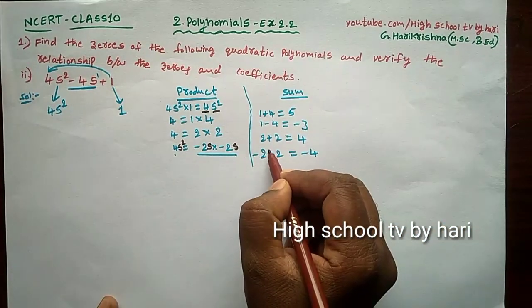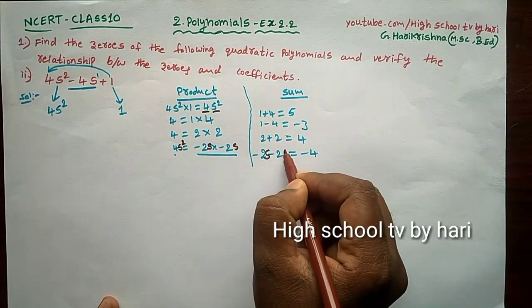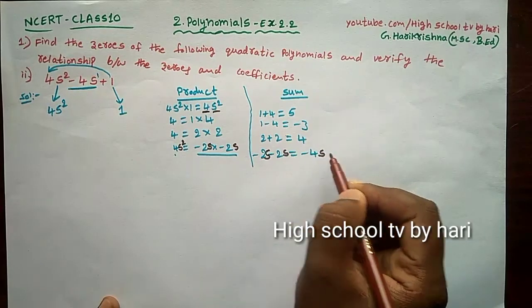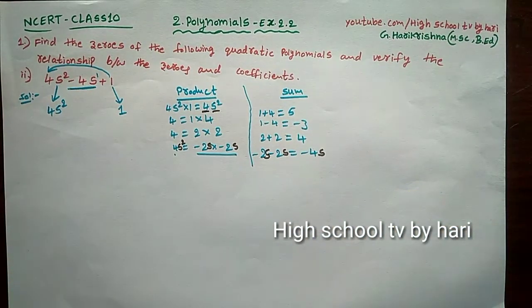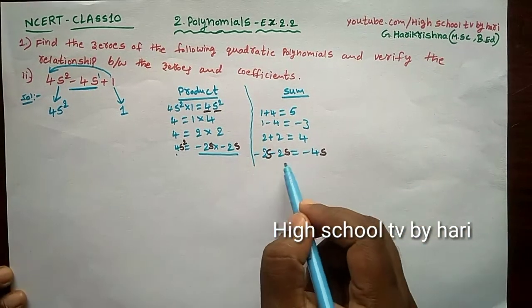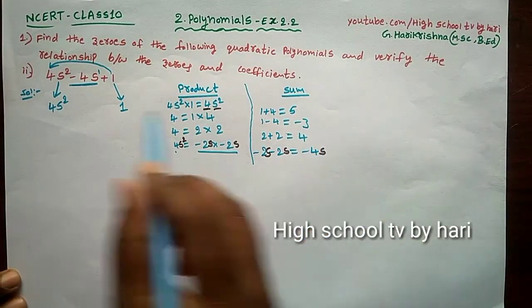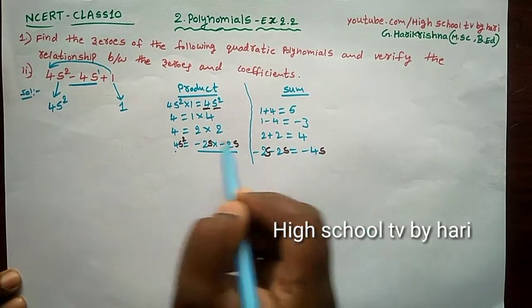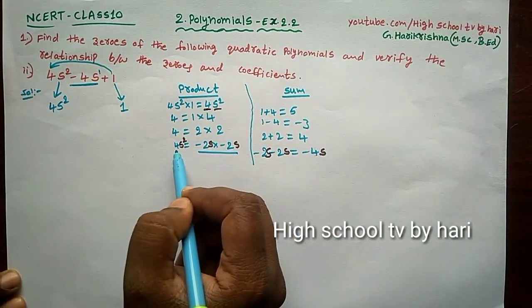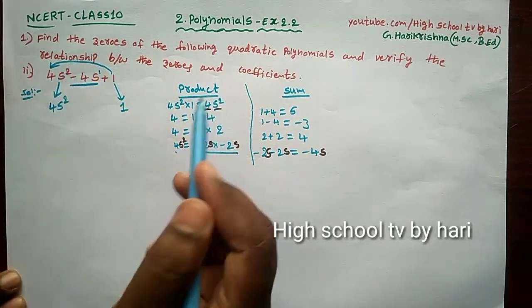Here also, minus 2s minus 2s is minus 4s. So we got the sum of the two numbers as the middle term, minus 4s, and the product of the two numbers as 4s square, the last term product.